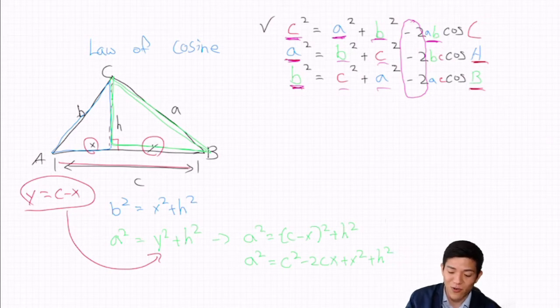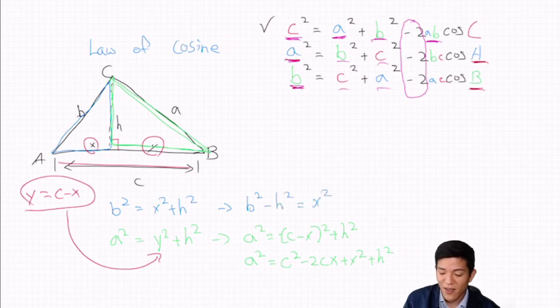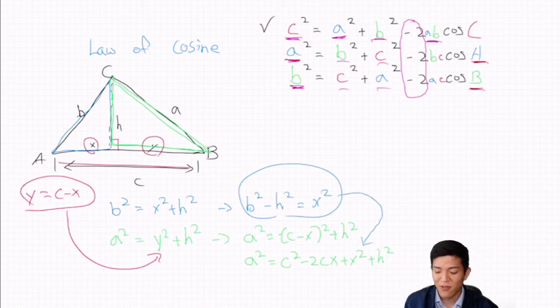Now I'm going to use the first one here in blue, and then move the h squared over to get myself b squared minus h squared is equal to x squared. Okay, and this whole thing is equal to x squared, so I'm going to plug that back into this equation. Then what do I have?